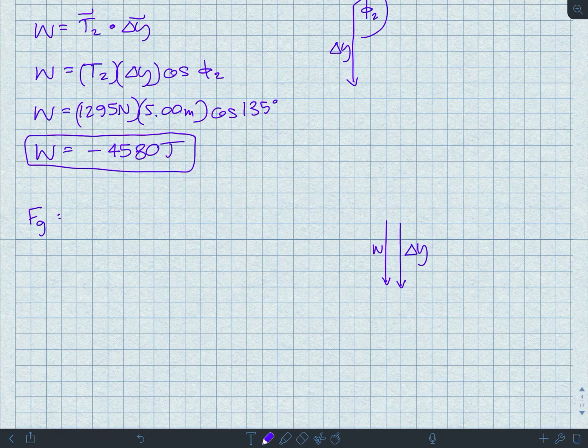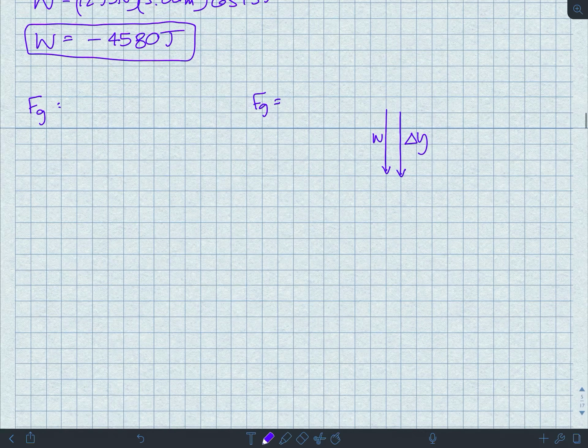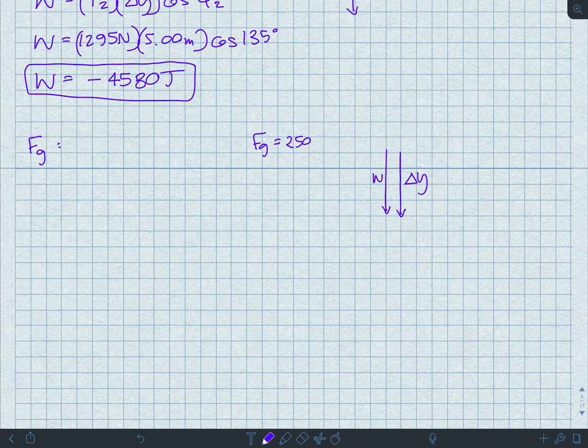Well, this time F sub G is equal to 2,500 newtons. And we know that delta y is still 5 meters. But phi 3 is 0.